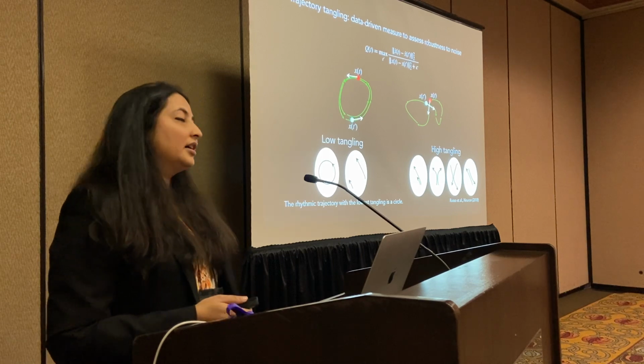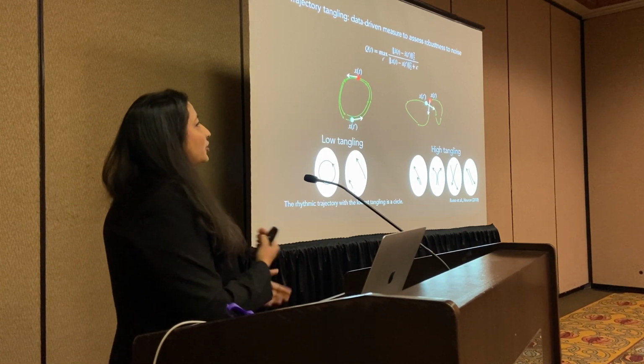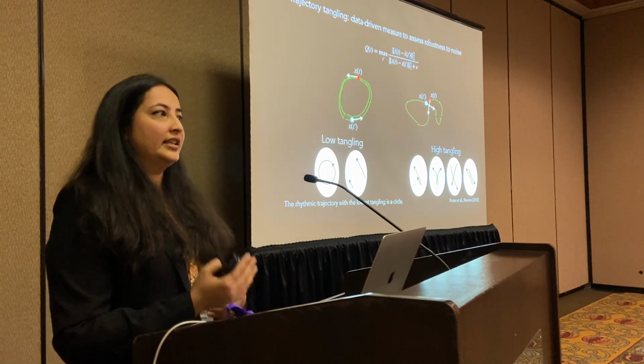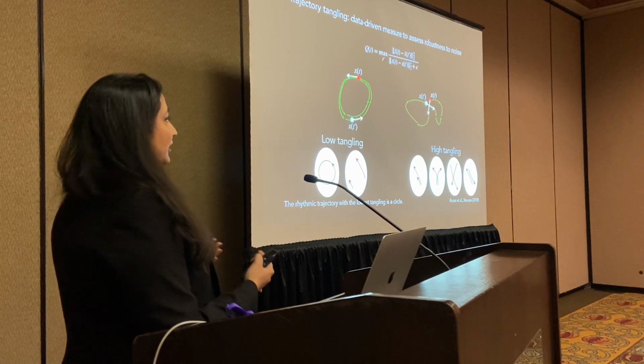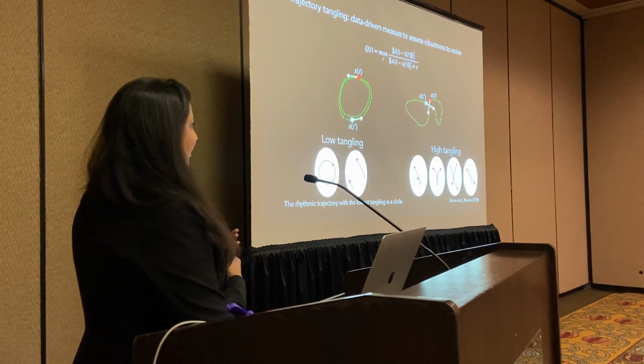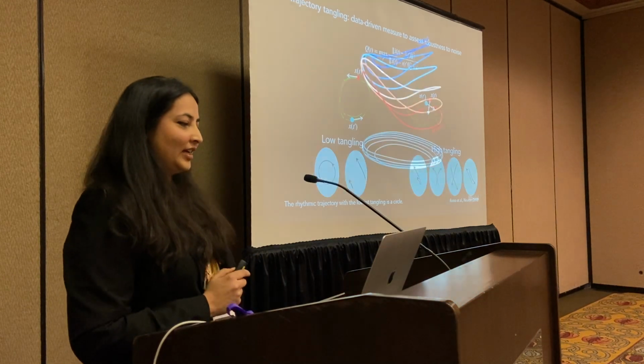And that brings me to, well, what does this have to do with the motor cortex and muscles? The hypothesis is that the motor cortex, in fact, has a very low trajectory tangling, since it is perhaps the one driving the muscles, and it is the one which is acting fairly autonomously, perhaps, in this kind of a task.